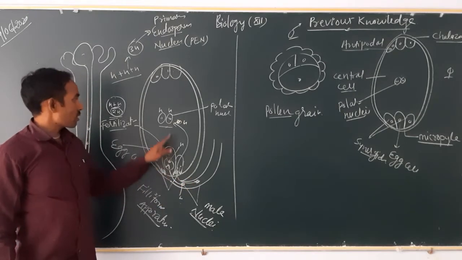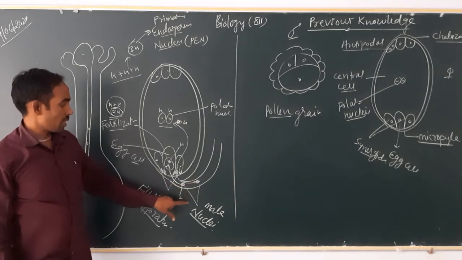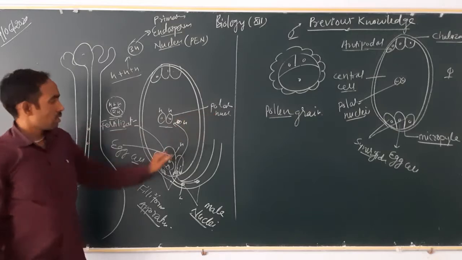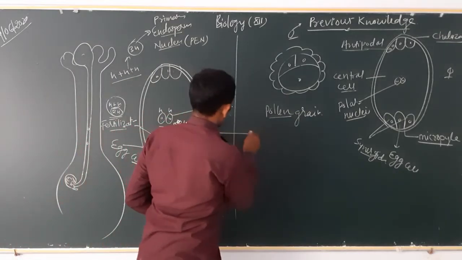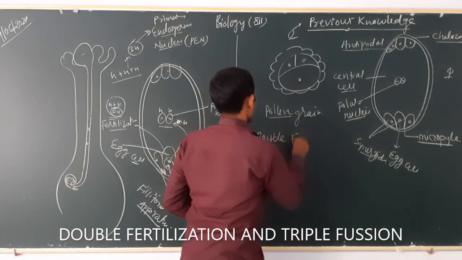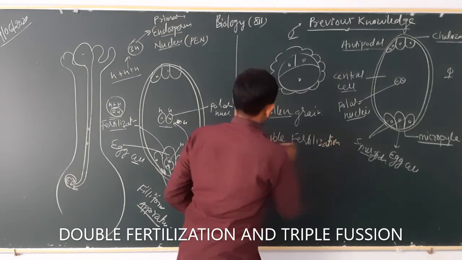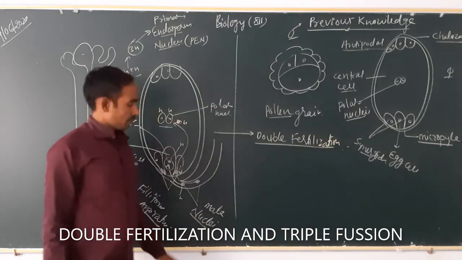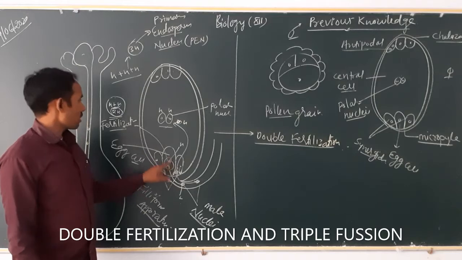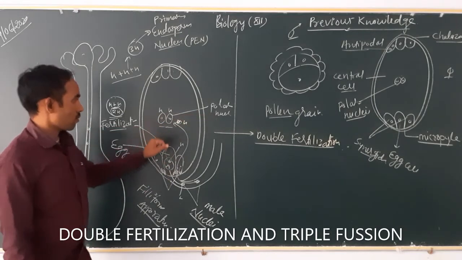So how many times is fusion taking place? This is also fertilization, this is also fertilization. Due to the mixing of two male gametes, one with the egg cell and another with the polar nuclei, it is called double fertilization.